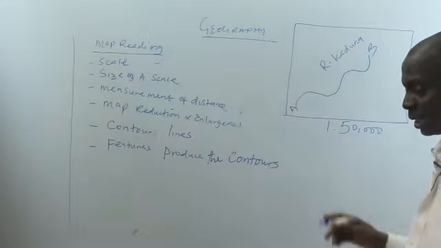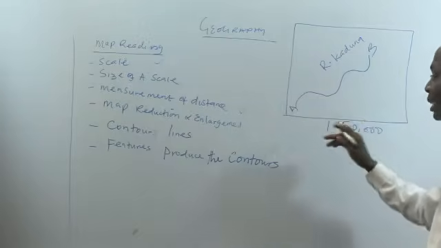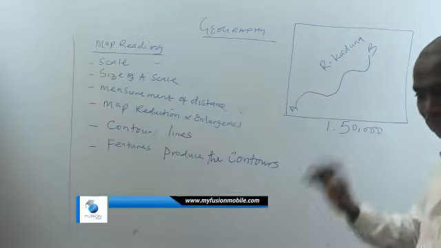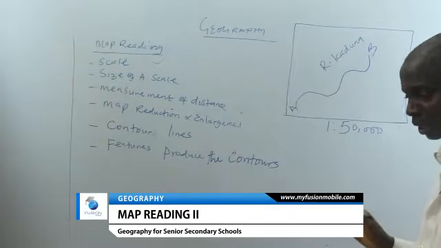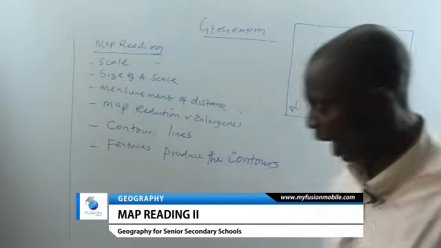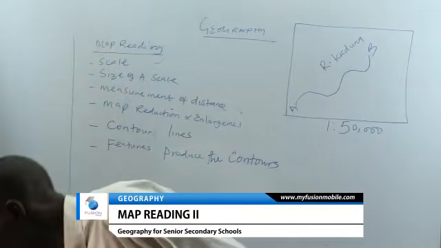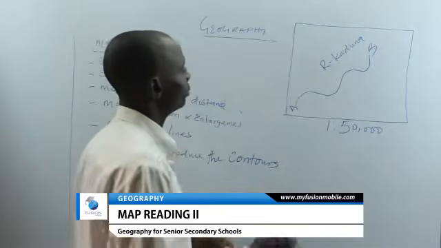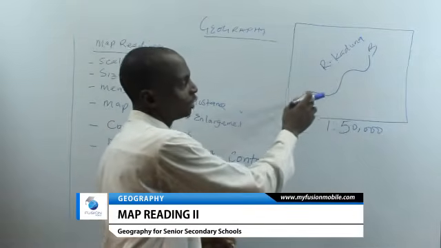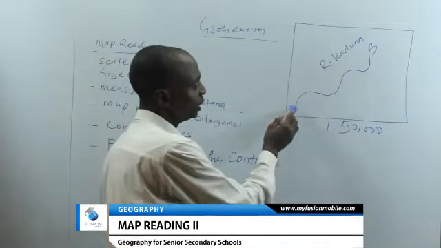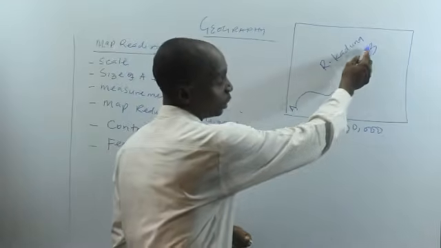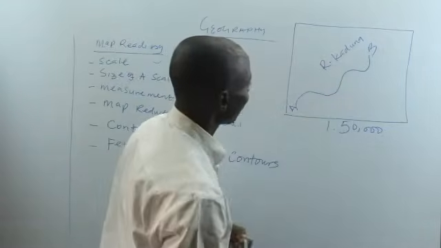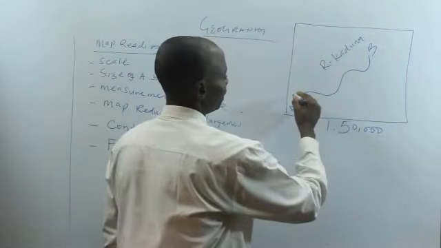That is why when we started, I told us that in map reading, each step is very, very important. I'm going to handle it this way. Now, this is a distance between 2 points, point A and point B. At times, it may be a straight line.